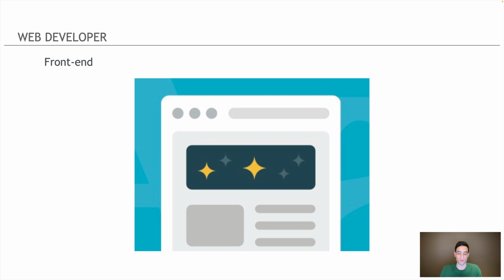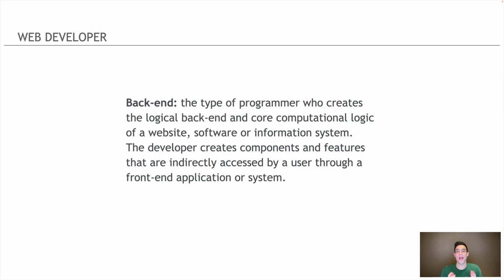It's what you see. But the backend is the type of programmer who creates the logical backend and core computational logic of an app or a website, software or information system. The backend developer creates components and features that are indirectly accessed by a user through a front-end application or system.